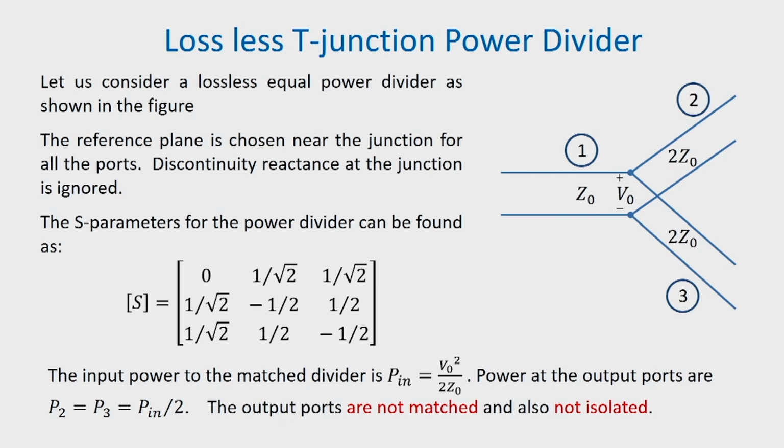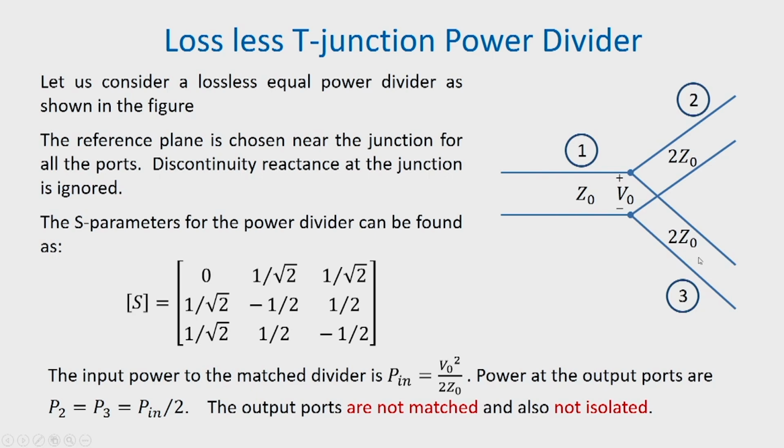So, the output ports are not matched and they are not isolated. So, for this lossless power divider, we find that the input port is matched, it is an equal power divider, so we have the same power going into 2 and 3, and the output ports are not matched and they are also not isolated.